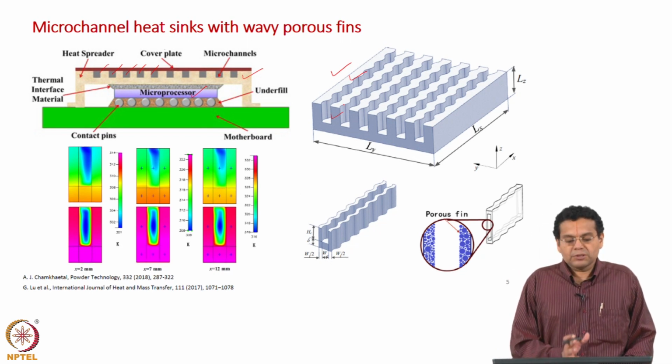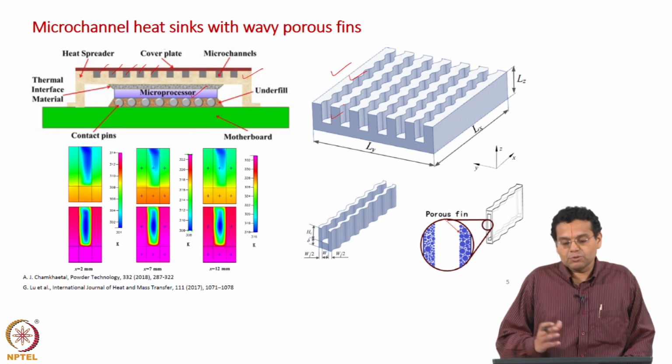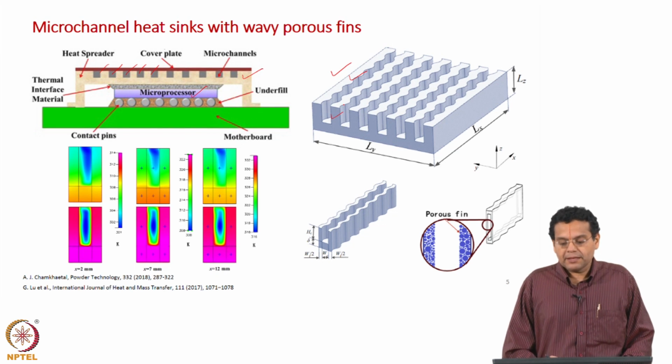Now, suppose we want to design a microchannel heat sink which is very efficient, which means that it should remove heat very quickly, then that performance of the heat sink depends on the temperature profile in the heat sink, and which can be obtained by solving the energy balance equation.